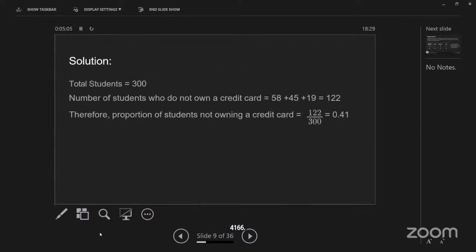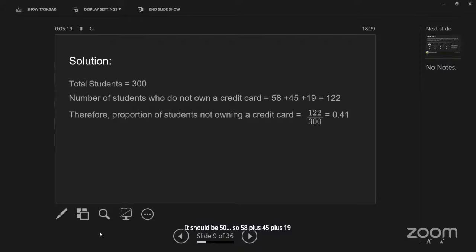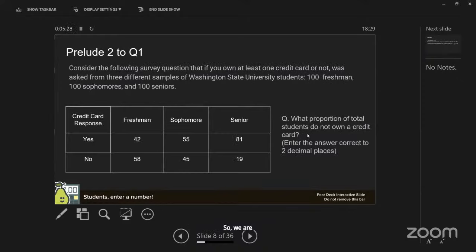So let's see. No, it's not 40.6. What did you all do? What proportion of total students do not own a credit card? It should be 58 plus 45 plus 19 divided by 300. Maybe we are calculating the percentage. Your answer is correct, but I think it's random.